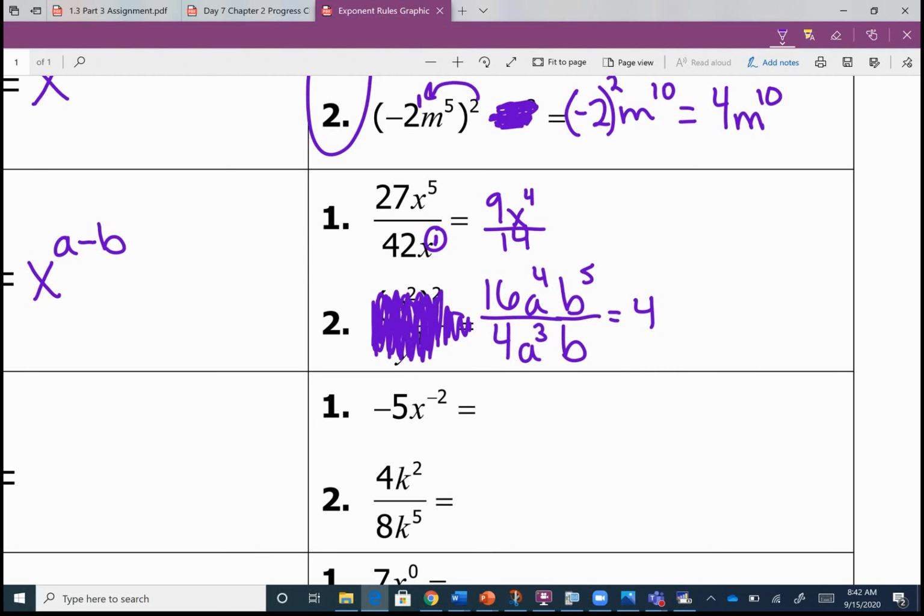So then we have 4 minus 3. You don't have to write the exponent of 1 on the A. And then for the B's, we have to remember there's a 1 for the exponent there. So we do get B to the 4th.